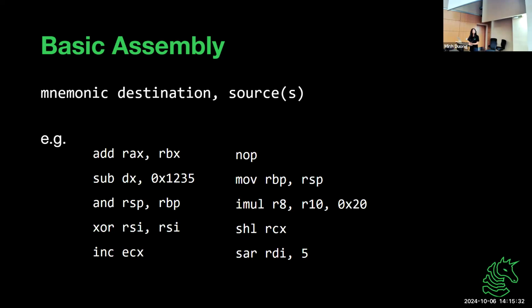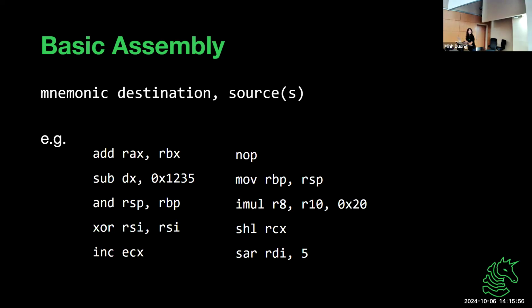Subtraction will take whatever's in DX, subtract 0x1235 from it, and store it in DX. This is an instruction you'll actually see a lot when you start looking at compiled code. It's much faster to zero out a register this way than to move 0 into it. So you'll see compilers use that a lot as a shortcut.